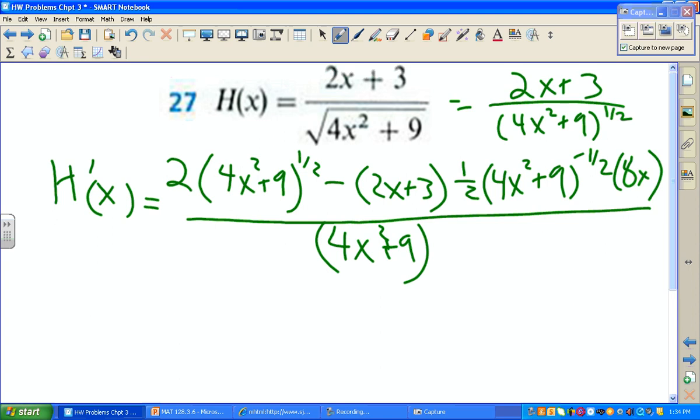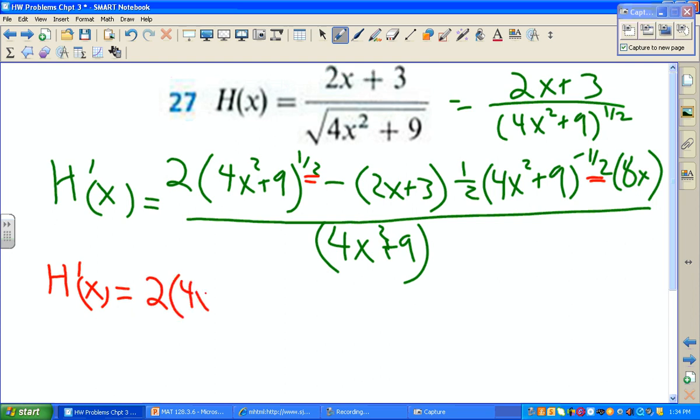Oh, factor. I can factor out, since I have the same base, a negative half. I can also factor out a 2, can't I? H prime of x. So I'll factor out the 2.